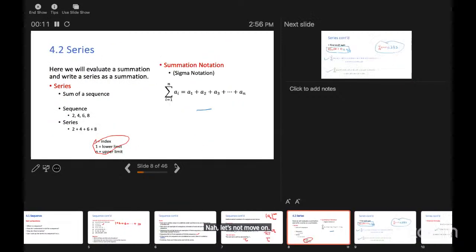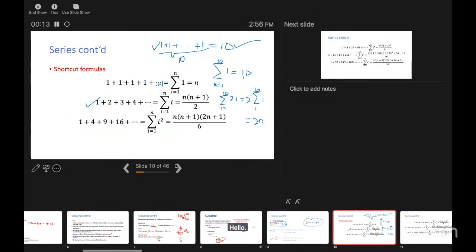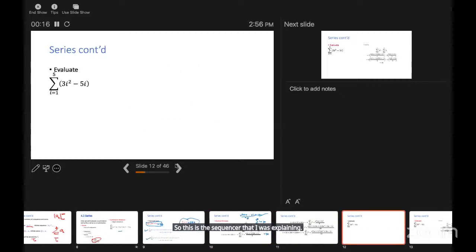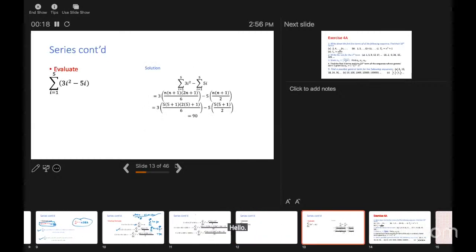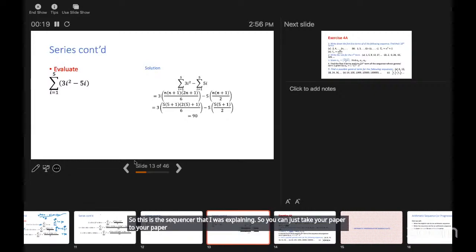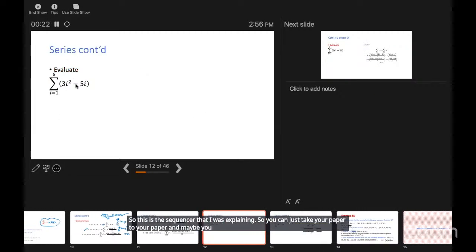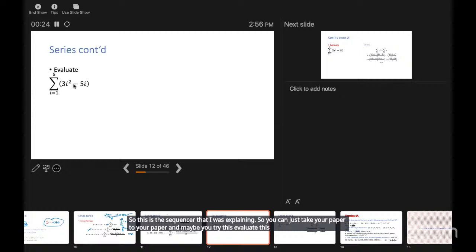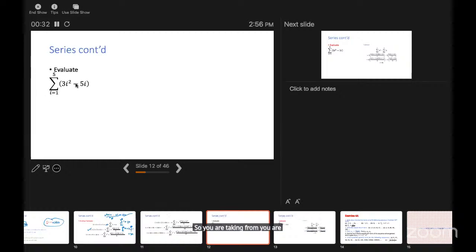So this is the sequence that I was explaining. You can just take your paper too, and maybe you try this. Evaluate the sum of 3i squared minus 5i. You are going to add the terms of this series together.